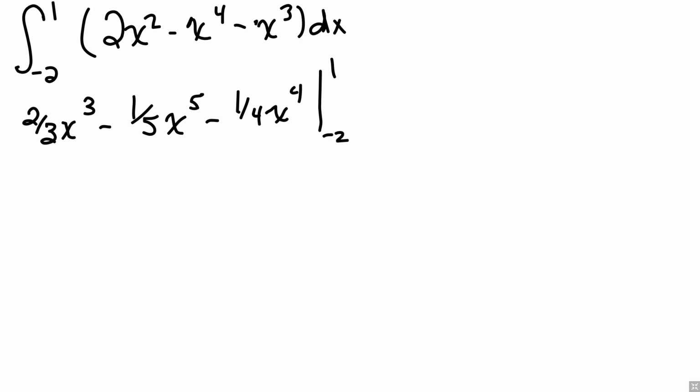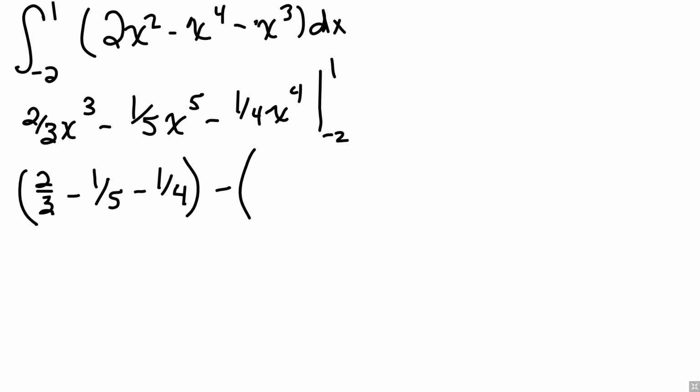All right. So if I put in 1, I'm going to have 2/3 minus 1/5 minus 1/4, minus, if I plug in -2, I'm going to end up with -16 plus 32 fifths minus, let's see, 16 divided by 4, so we get 4.